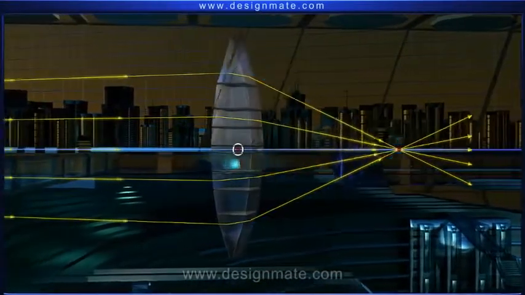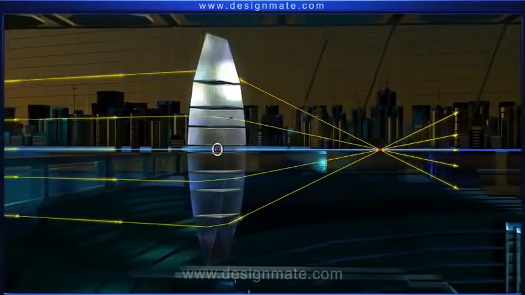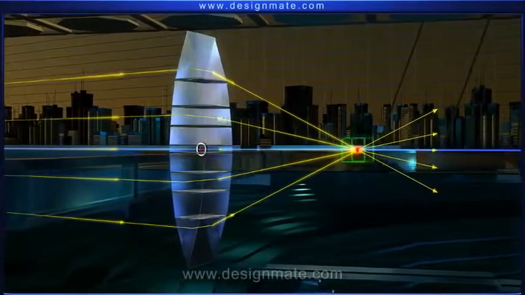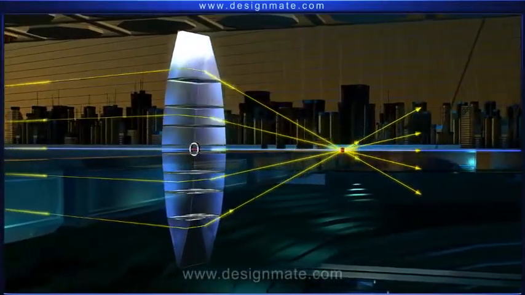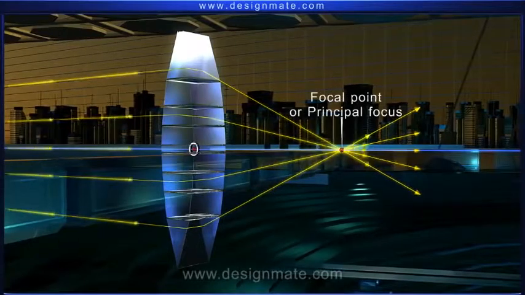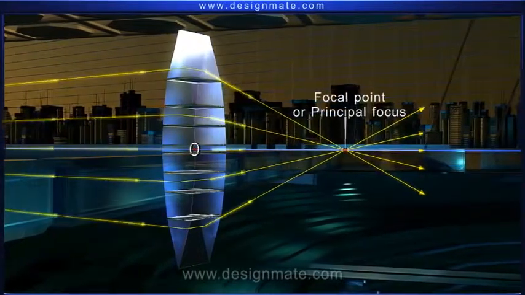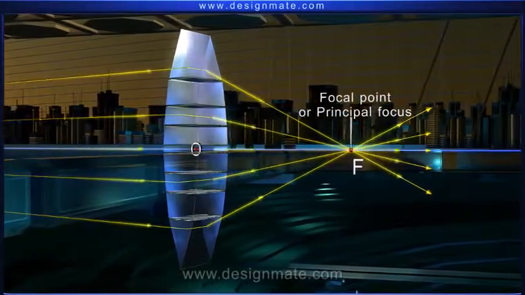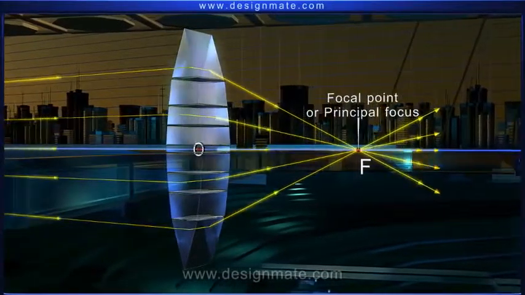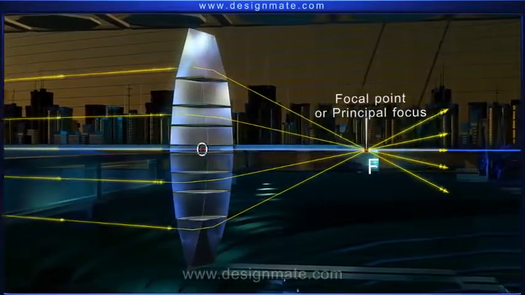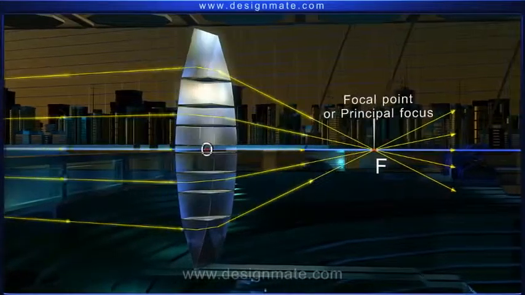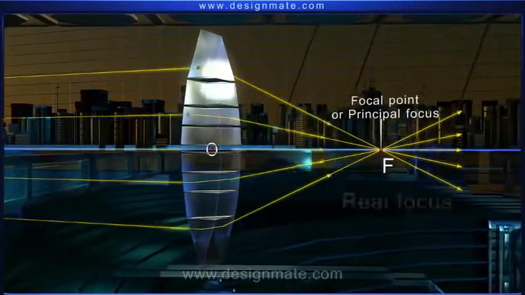Thus, after refraction through the lens, they converge to a point on the principal axis on the other side of the lens. This point is called the focal point or principal focus of the lens, and is usually denoted by F. Here, the refracted rays actually meet at the focus. Hence, a convex lens is said to have a real focus.